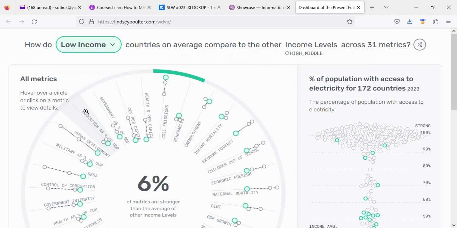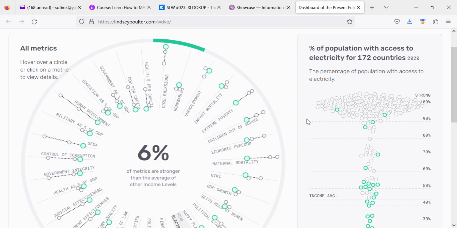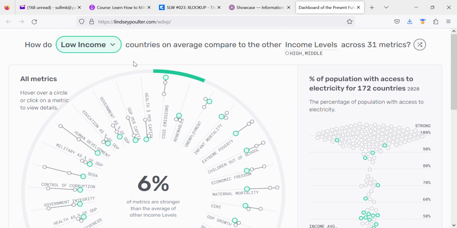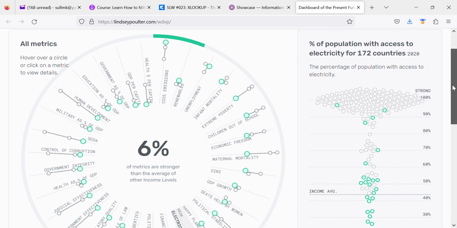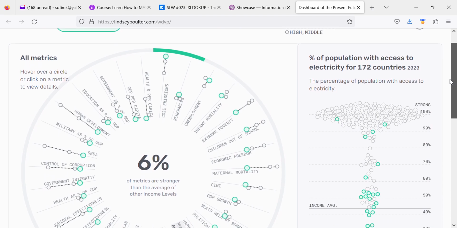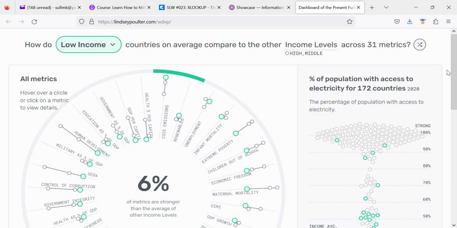For low-income countries compared to the other income levels across 31 metrics, 6% of metrics are stronger than the average. These low-income countries are strong in carbon dioxide emissions and renewables.